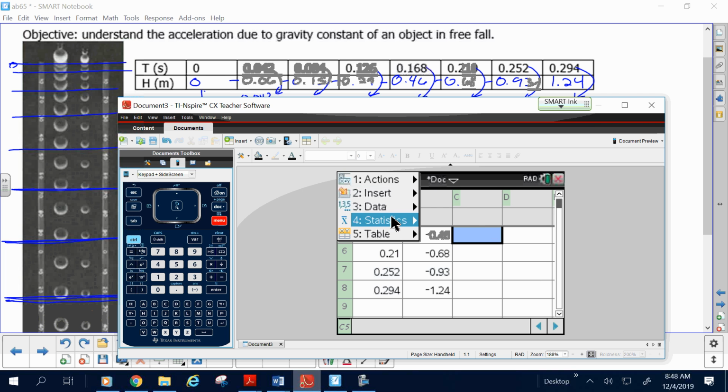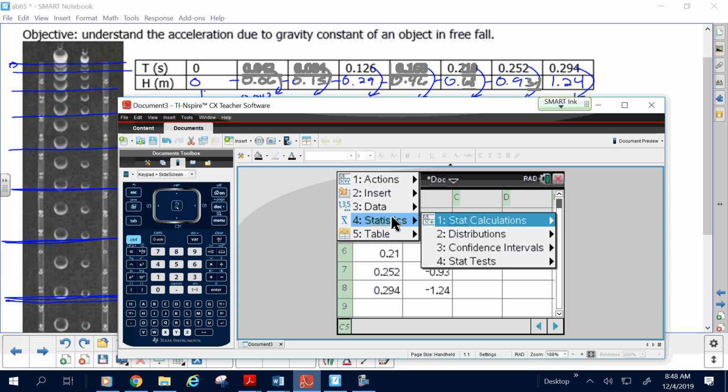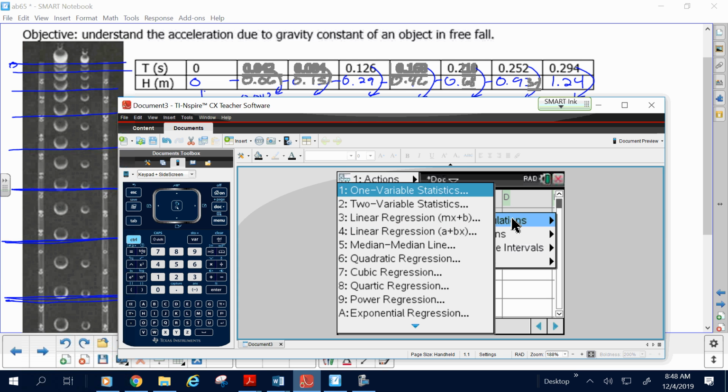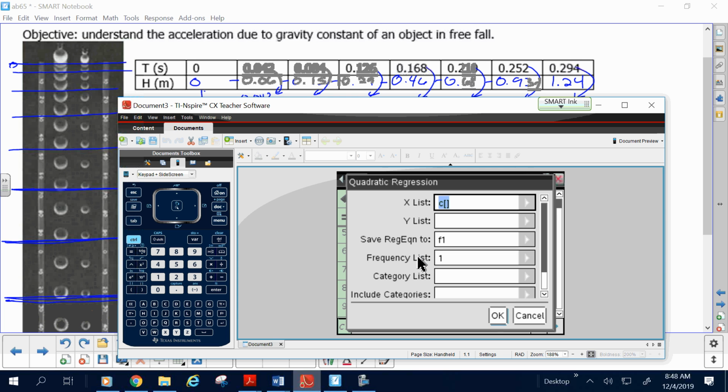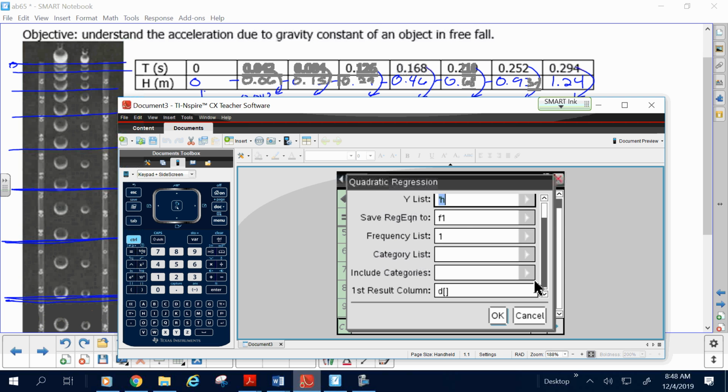Go to statistics and stat calculations, and you're going to do quadratic regression. The reason is that data is not linear, it looks like quadratic, so that's what makes sense. The X list is T, the Y list is H. The rest of that stuff you can blow off and go straight to OK.